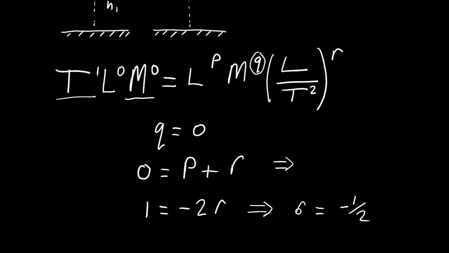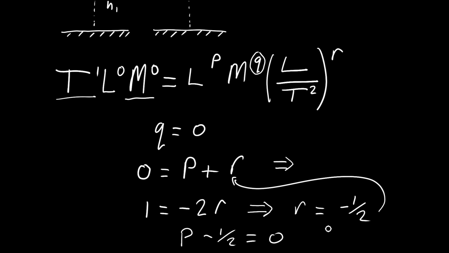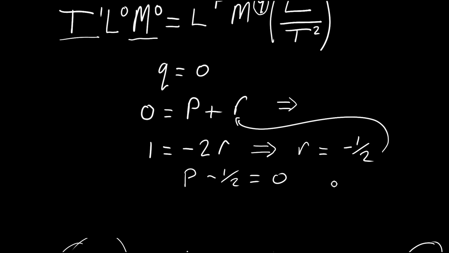And we can substitute this value of r into this equation here. So p minus a half is equal to 0. Therefore, p is equal to positive 1/2.